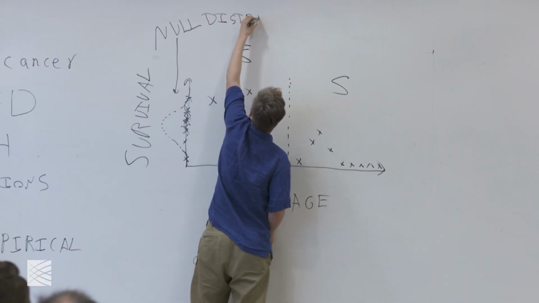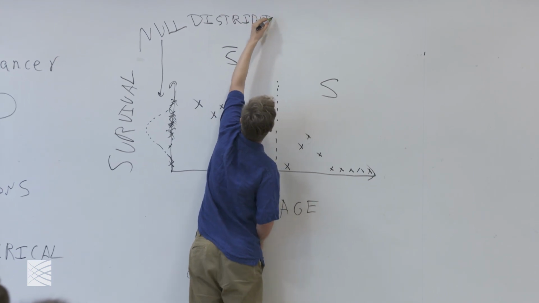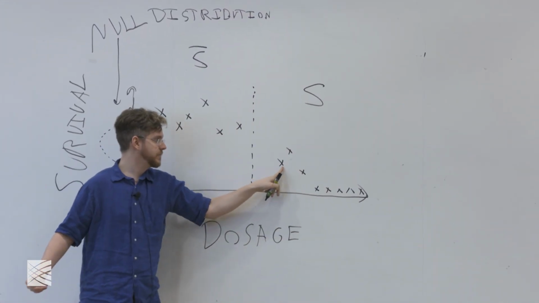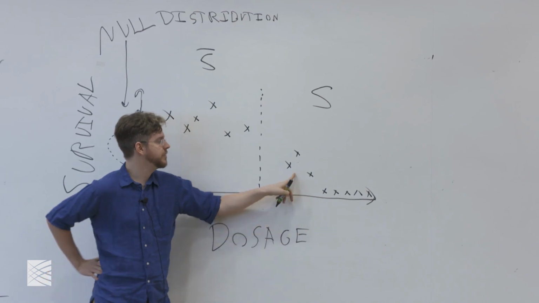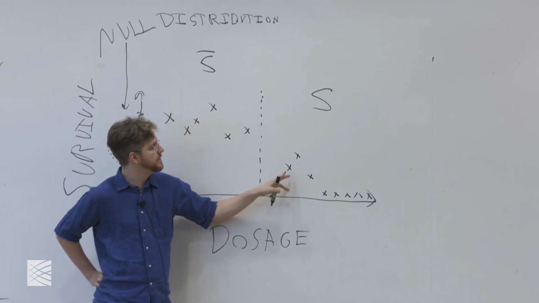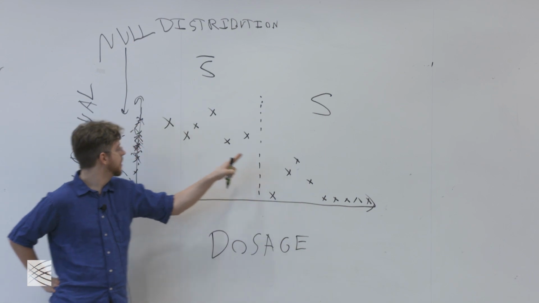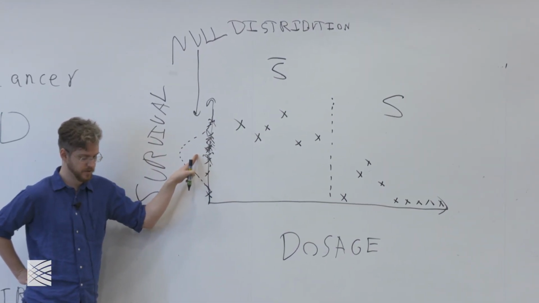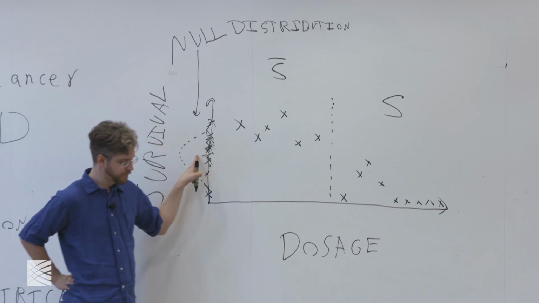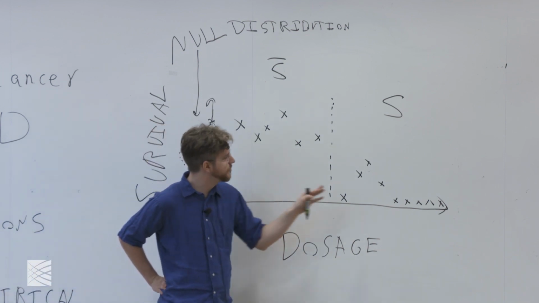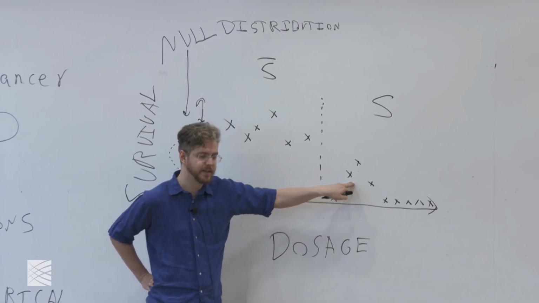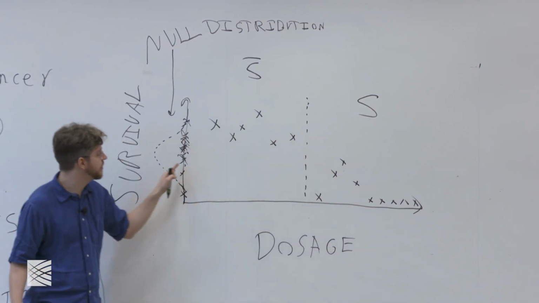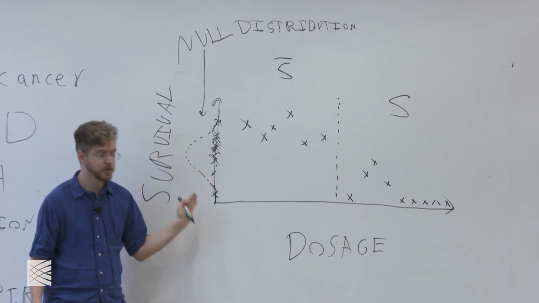And more formally, the hypothesis we're testing, say if we're thinking about the hypothesis at this dosage, is that this observation comes from this null distribution. In other words, the distribution of what kind of observations we're going to get at this dosage is exactly the same distribution that we would get if we had given no drug. So the drug is having no effect.